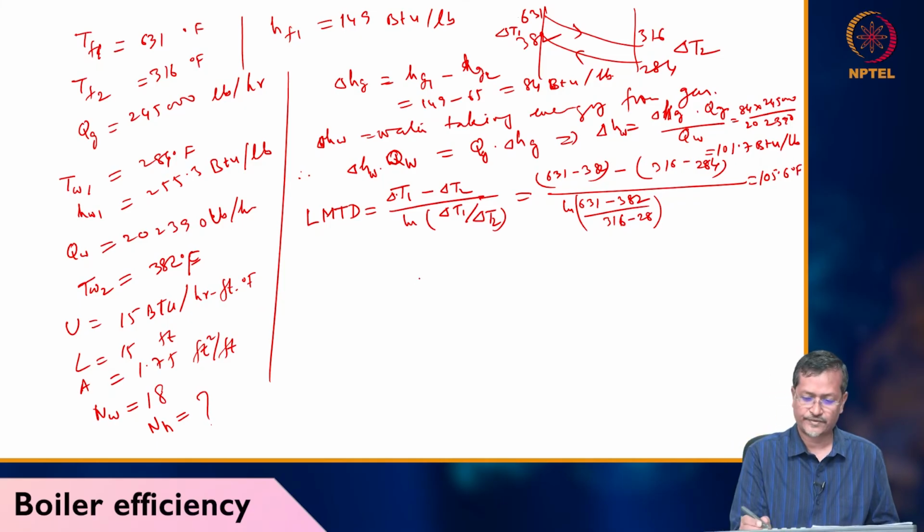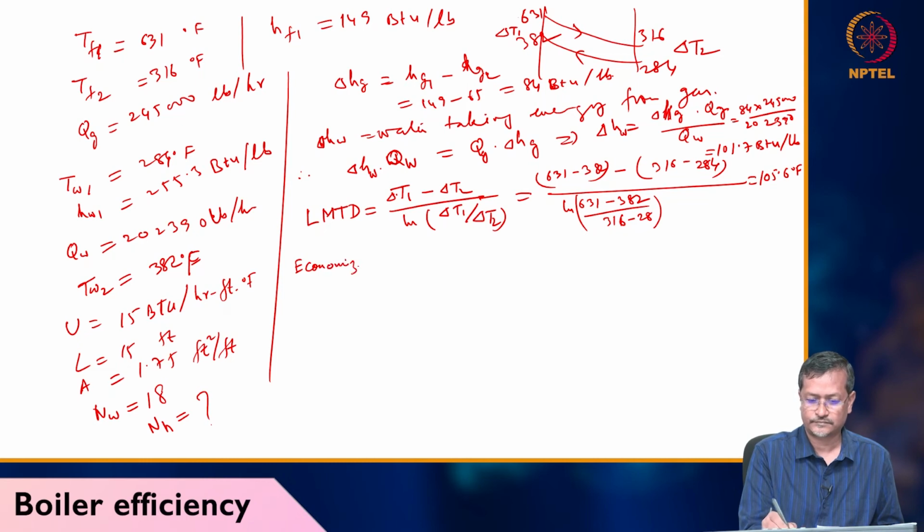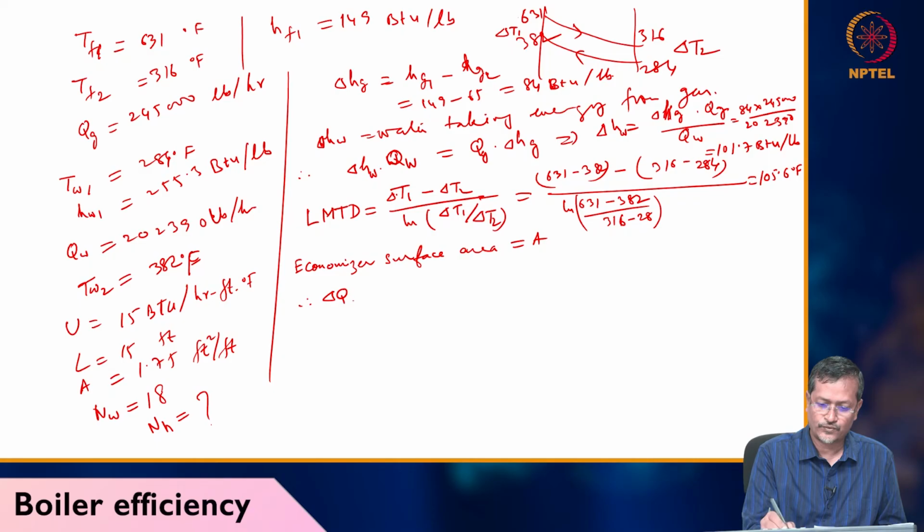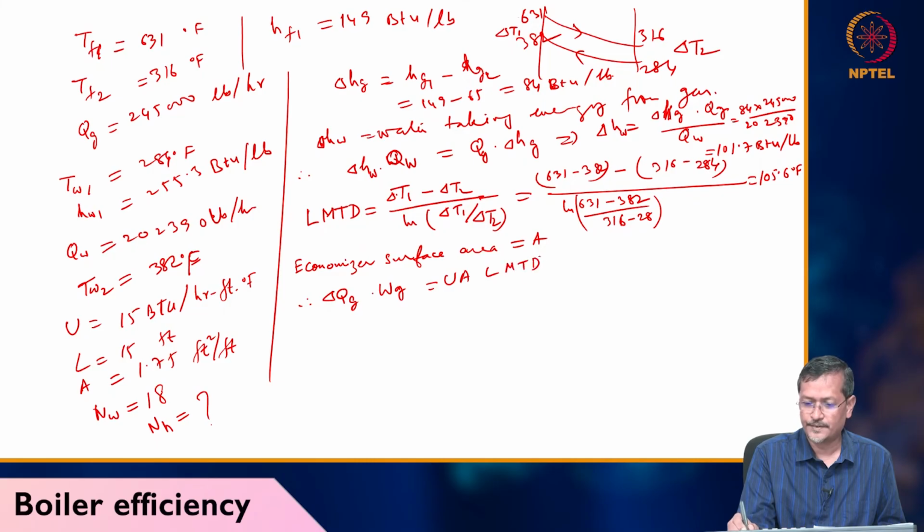Now economizer surface area. Surface area given A. So therefore del HG into QG equals UA LMTD.